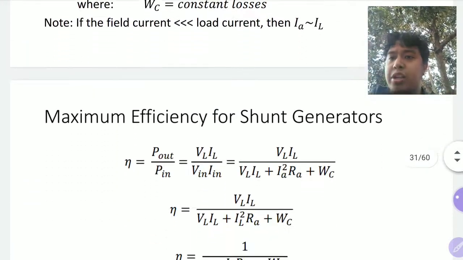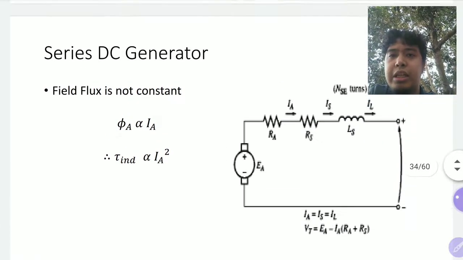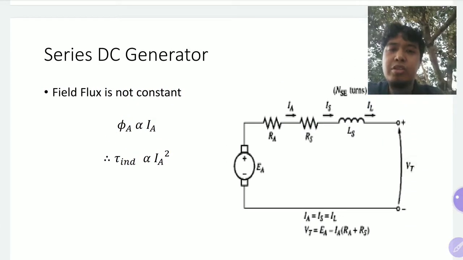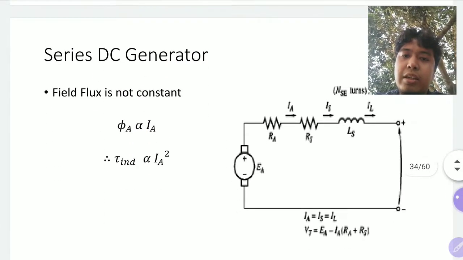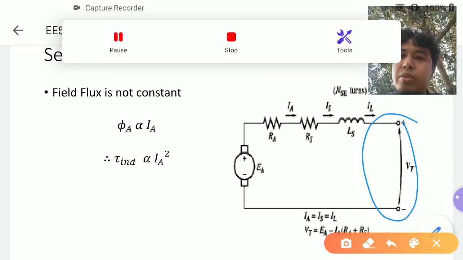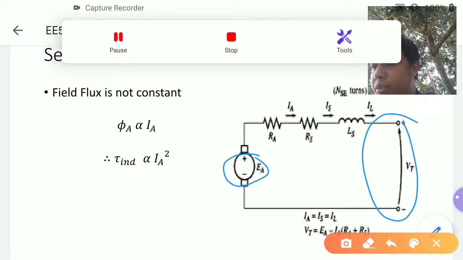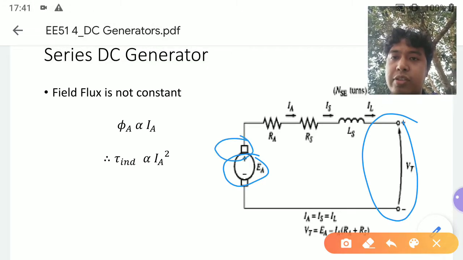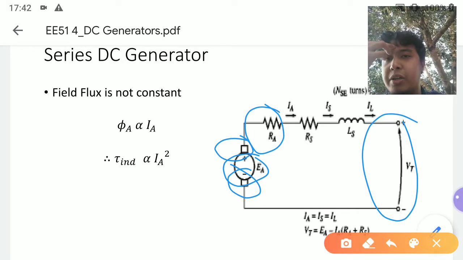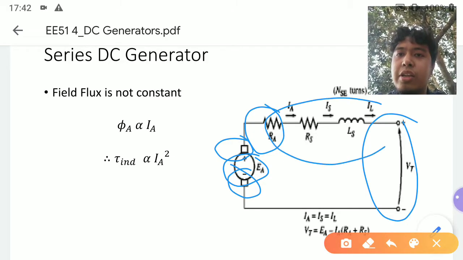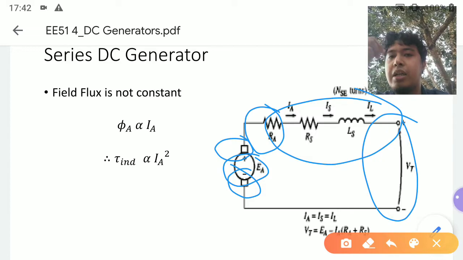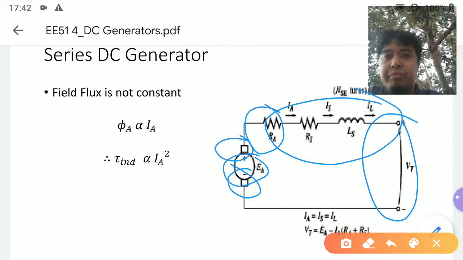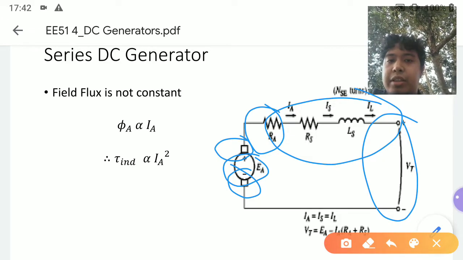However, for series generators, you have to consider that the terminal voltage is equal to your induced voltage at the armature, less the voltage at the brushes, less the voltage drop due to the copper loss in the armature, less the voltage drop due to the copper loss in the series field.